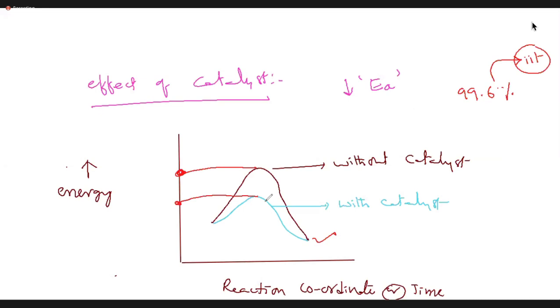Yes, sir. What is this energy which I put above and which is given below? After this graph, I am going to explain collision theory, and in that it comes. Now just copy the graph as it is: one without catalyst, one with catalyst.